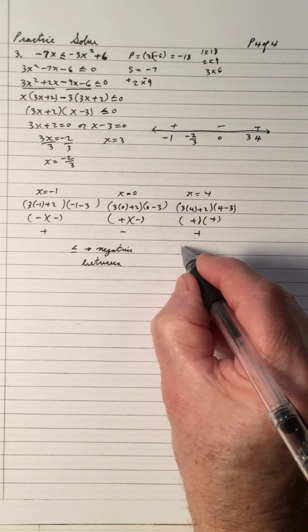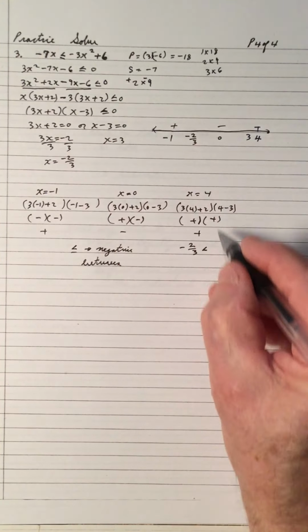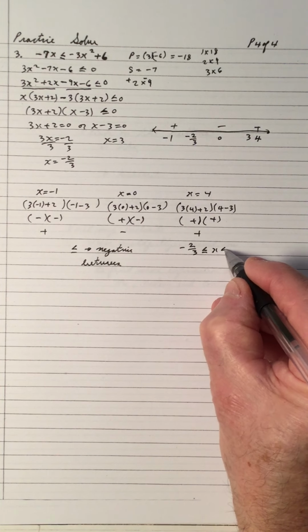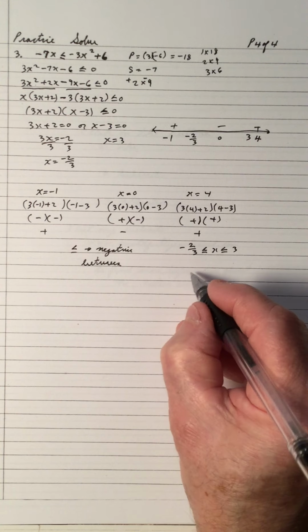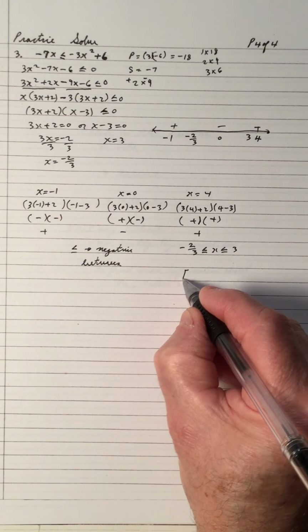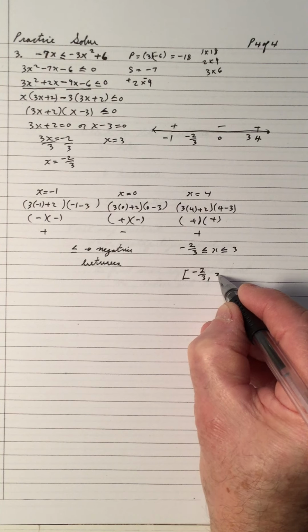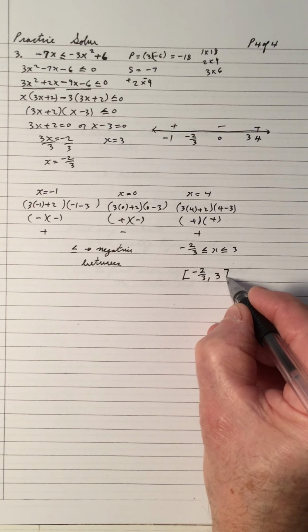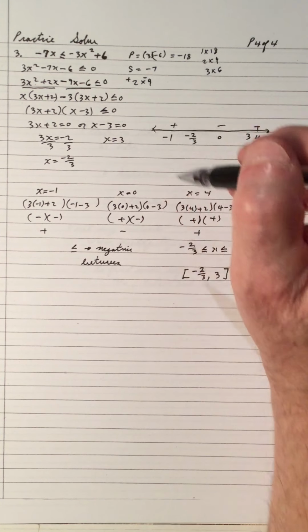So between is negative 2/3 less than or equal to x, less than or equal to 3. And it's a square bracket, negative 2/3, comma, 3, with a square bracket. Remember, less than or equal to is in between.